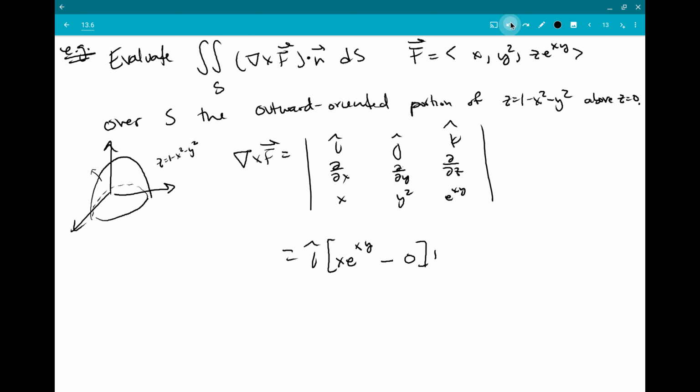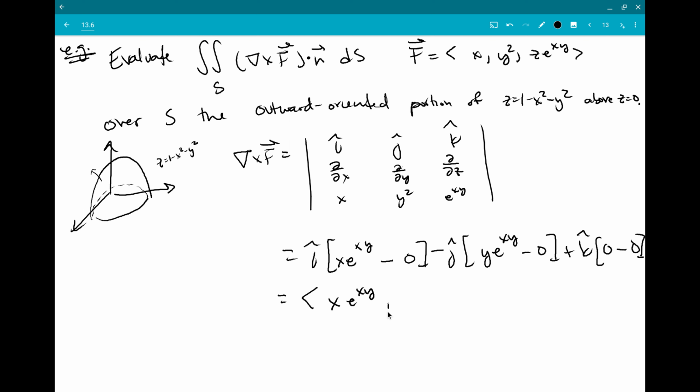Oops, I made that mistake I always tell y'all not to make. Minus j hat times d dx of e to the xy, which gives me y e to the xy, minus d dz of x, which gives me minus 0. Plus k hat times d dx of y squared, which gives me 0, minus d dy of x, which gives me 0. So that vector is x e to the xy, minus y e to the xy, 0.